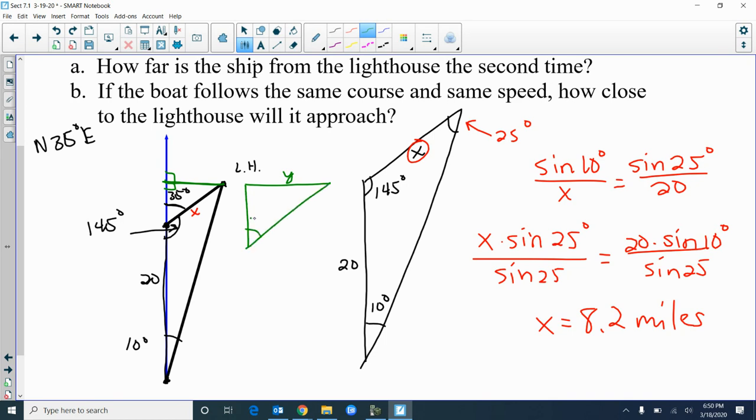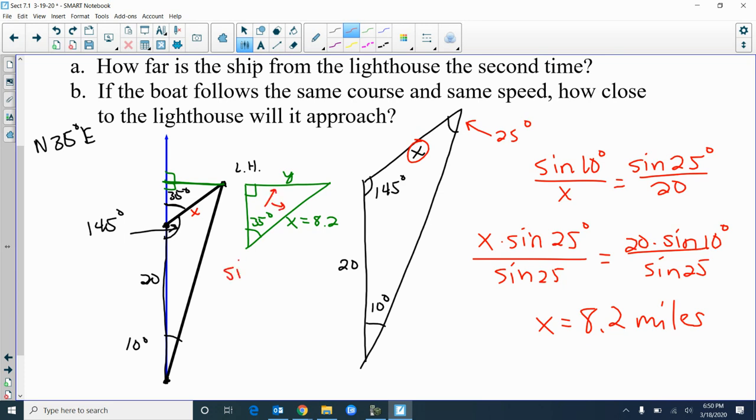This is 35 degrees. This is a right angle. I can use good old-fashioned right triangle trig. This is the x value, which I just found to be 8.2. Well, I really need to use that in this problem, so I'm going to use it to solve for this. Since it is a right triangle, 35 degrees, I got opposite, and then I got hypotenuse.